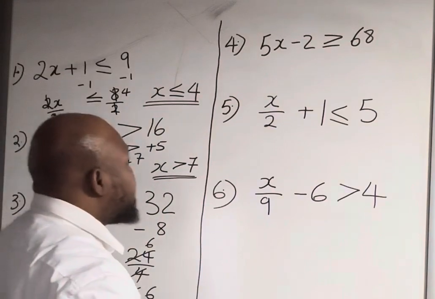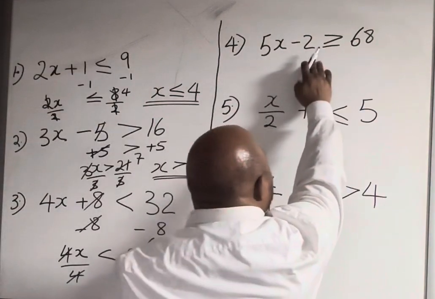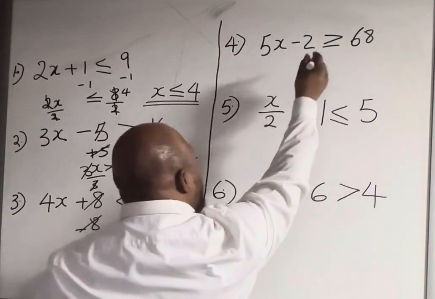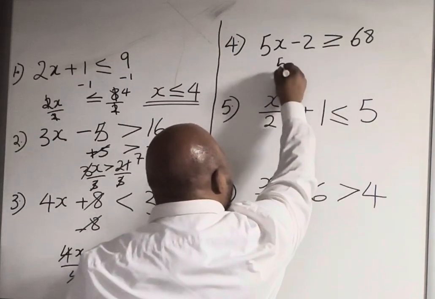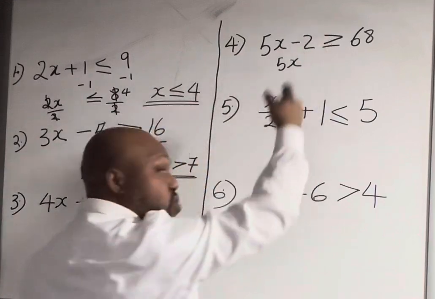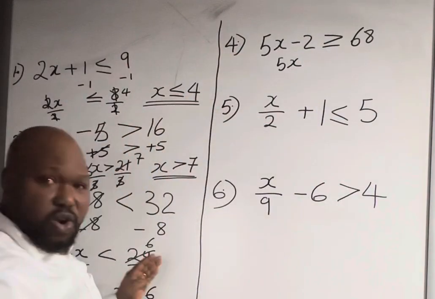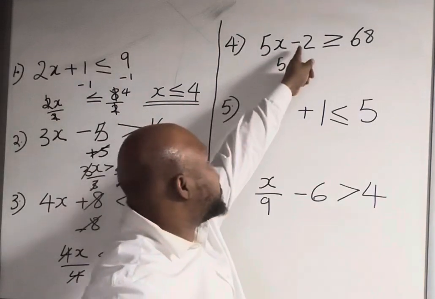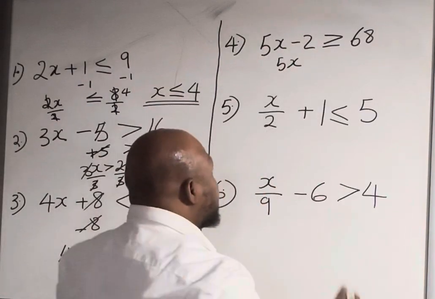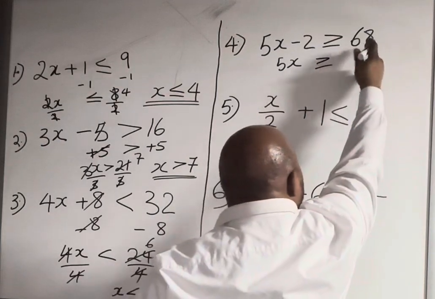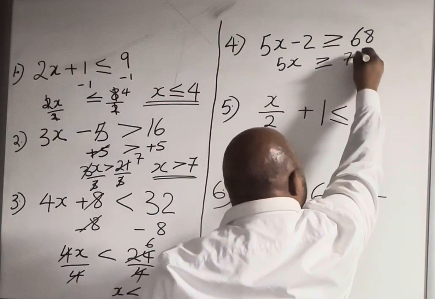The next one is 5x minus 2 greater than or equals to 68. When you add 2 to both sides, I don't want to go through that process again because we already know. Because this is minus 2, we add 2 to both sides. 5x will be greater than or equals to 68 plus 2, that is 70.